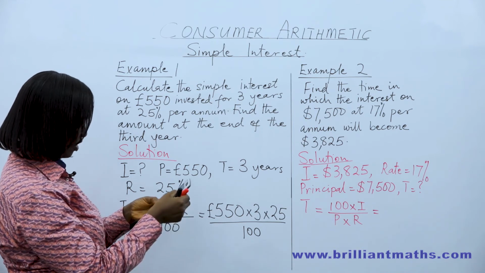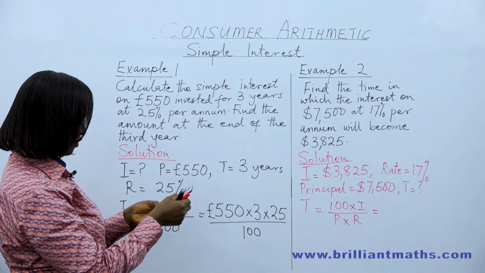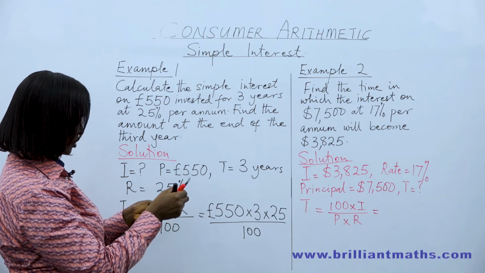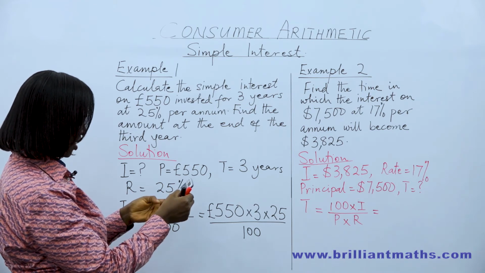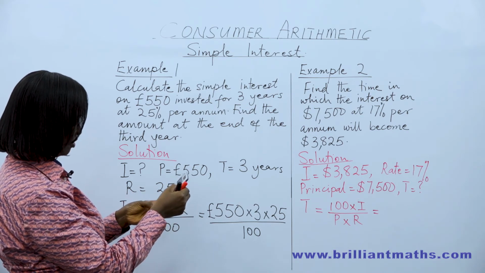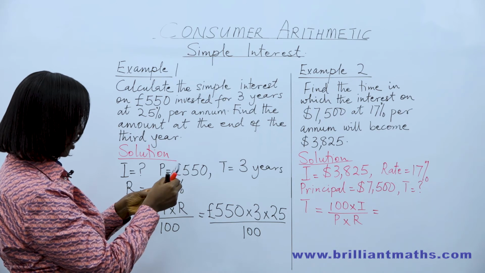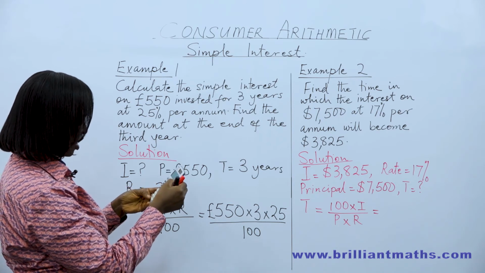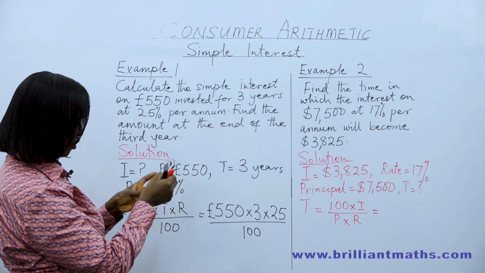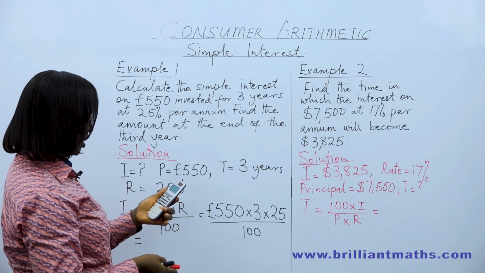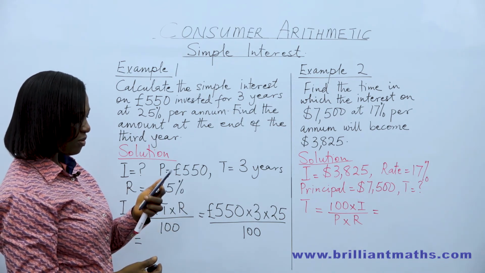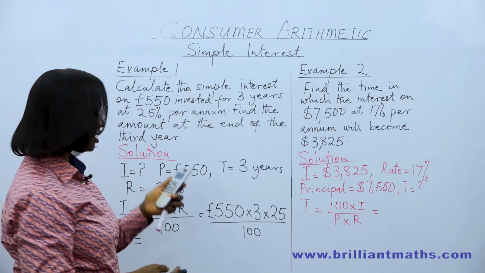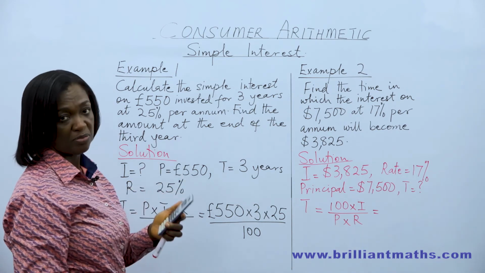So we have principal 550 times time is 3 years times rate is 25 divided by 100. And what does that give us? The interest is £412.50. So that's £412, 50 pence.